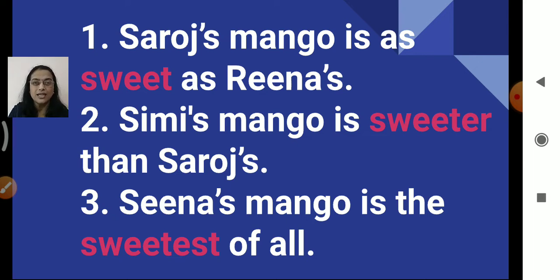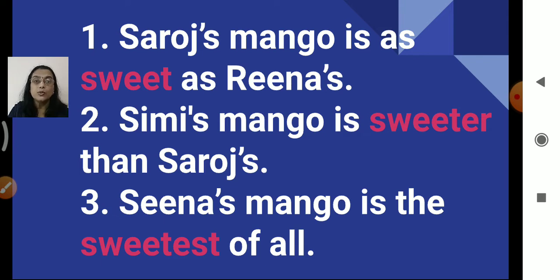So there is no equality. Simi's mango is a little sweeter than Saroj's. And the third one, Sina's mango is the sweetest of all. So when you compared all the mangoes, you found that Sina's mango is the sweetest. So what is done here? The comparison is done between more than 2, right?